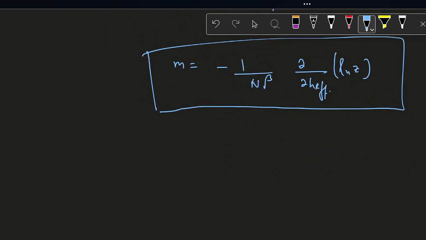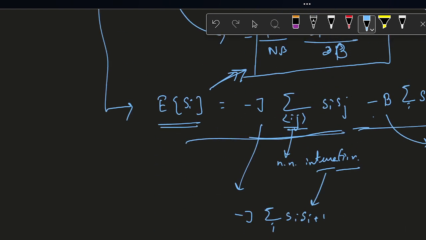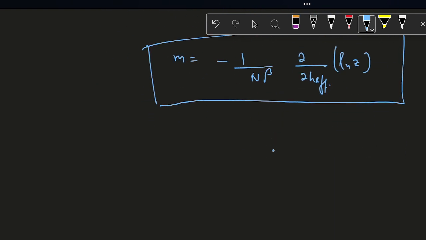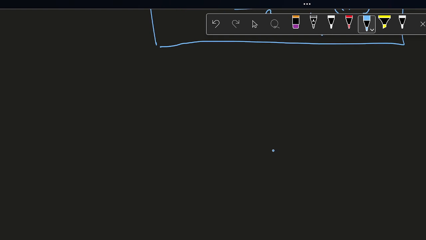Now you can ask me how I am able to write down the previous expression, how this part is coming. I will also show you that, or you can also find it in the textbook, but I'll show you in any case. So basically your aim was starting as 1 by N sum over i from 1 to N average s_i, right?